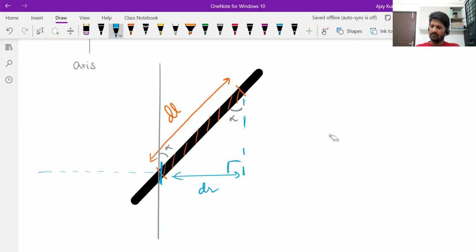In this right angle triangle, dl is the hypotenuse, dr is the side opposite to alpha.